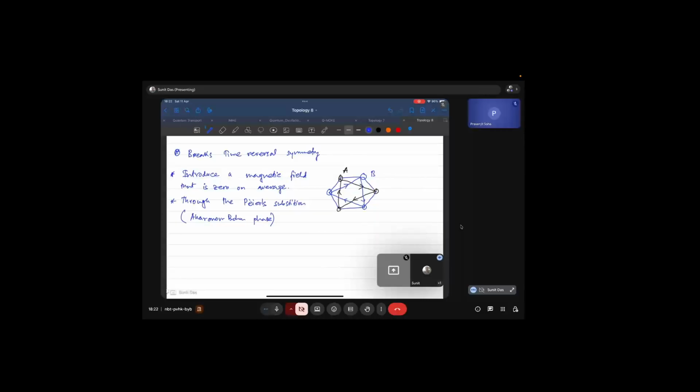And this actually leads to complex next nearest neighbor hopping.